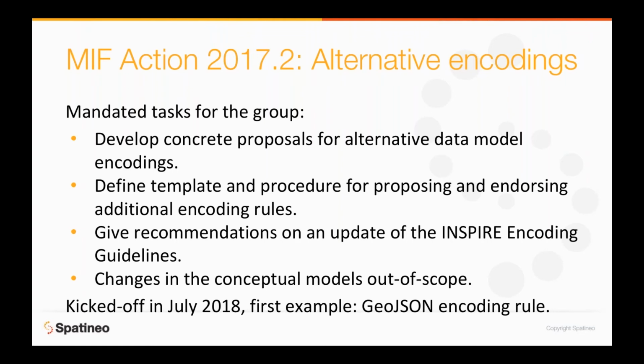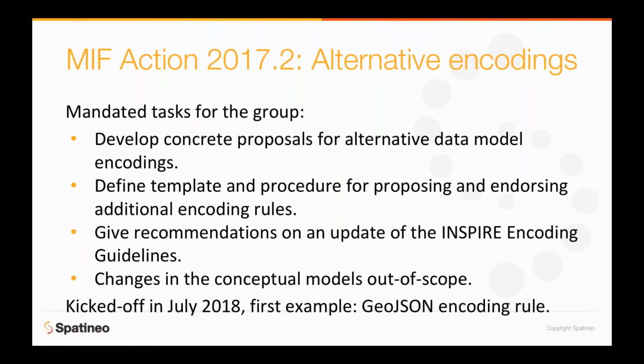taking the conceptual model data structure and seeing what can be done to simplify the encoding of that data. And this work actually kicked off in July, and the first example alternative encoding that we are working on in this group is the GeoJSON encoding rule, so that is probably the first thing that you can expect as a result from this group.